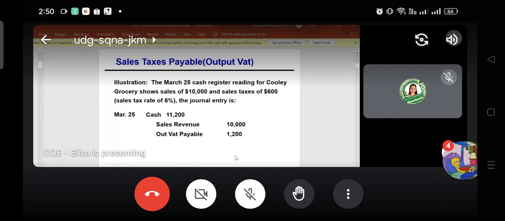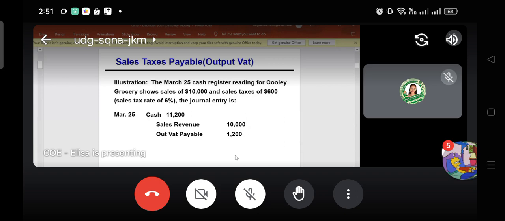And that VAT will be recognized as output VAT payable, so that by next month we are bound to remit that to the BIR. So we consider it sales taxes payable or output VAT payable, since we have to pay it.